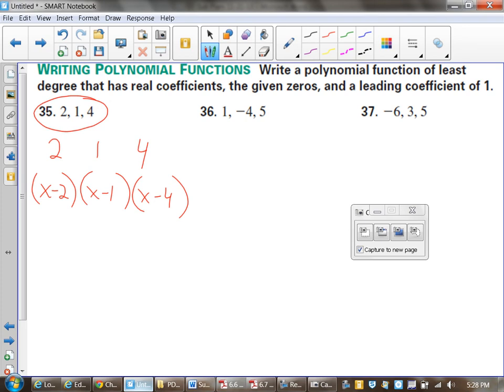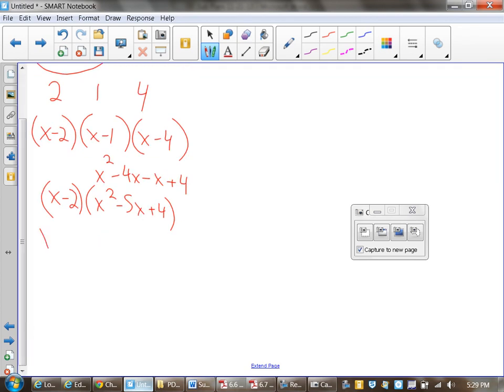Now, you need to write out what the polynomial looks like. Once again, all we're doing is FOILing and the distributive property. FOIL out, we have x squared minus 4x minus x plus 4. So I have x squared minus 5x plus 4. To that, I'm going to distribute the x minus 2.